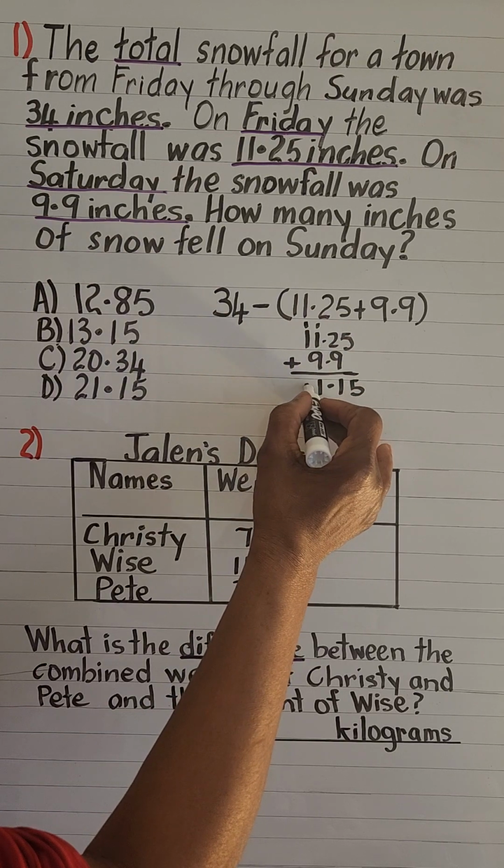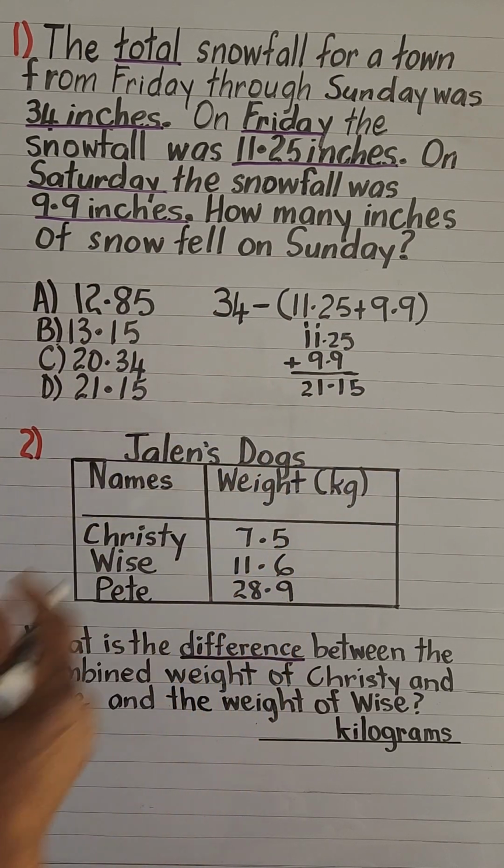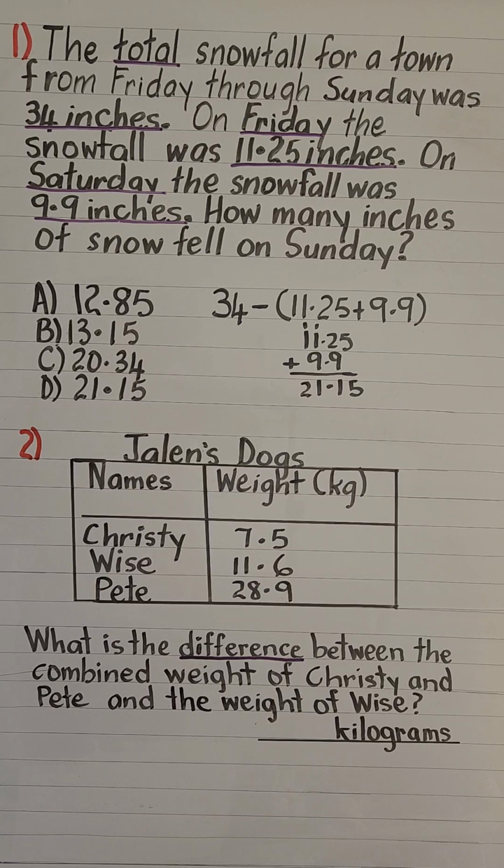And 1 plus 1, 2. So the total for Friday and Saturday is 21.15 inches.